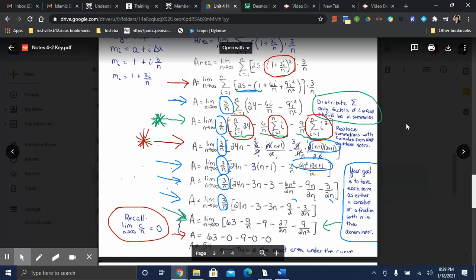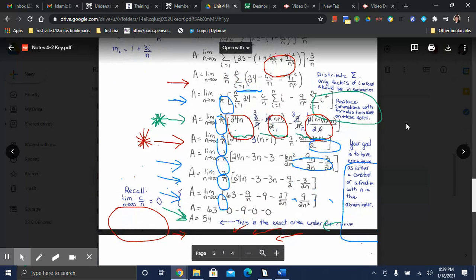So 63, and then I have 9 over n, that's 0. Then I have minus 9. 27 over 2n, that is 0. 9 over 2n squared, that is 0. And so I end up with 63 minus 9, and my final answer is 54.